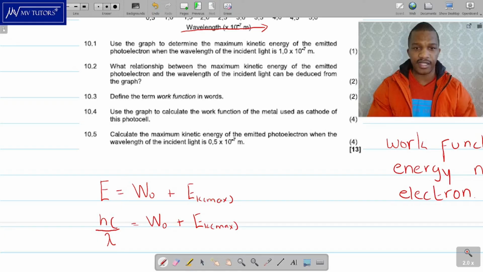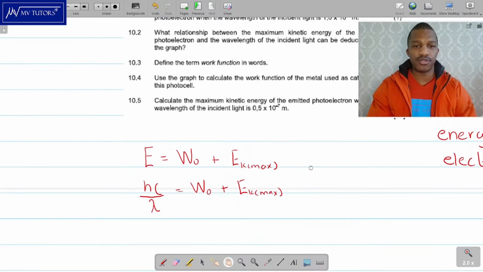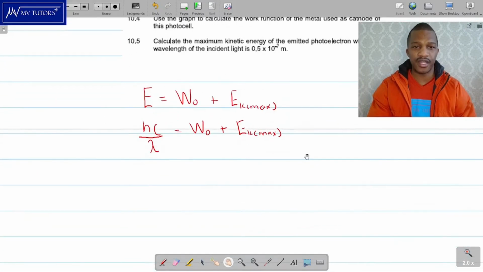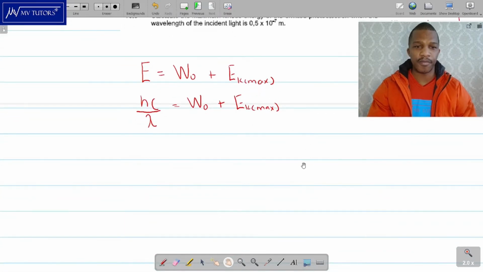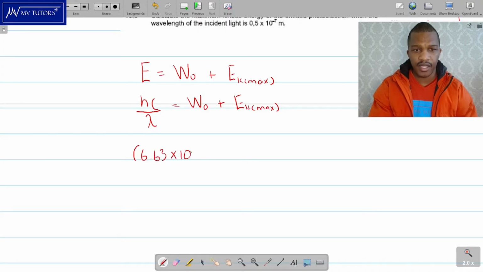So what I want us to do now is start filling this in. If you check your formula sheet once again, the value of h is a given constant, 6.63 times 10 to the power minus 34.